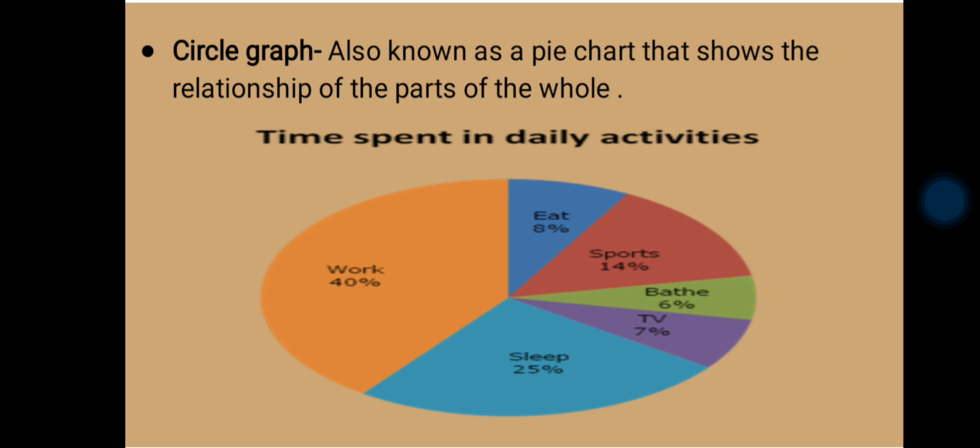You can see there that work is 40%, eat is 8%, sports is 14%, and bath is 6%. And watching TV is 7%, and sleep is 25%. So the chart visually shows you the proportion of time for each activity. If you see a big slice for work and a small slice for leisure, it's easy to understand how much time is spent on each activity.